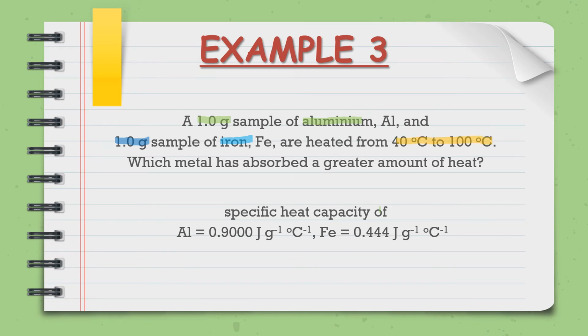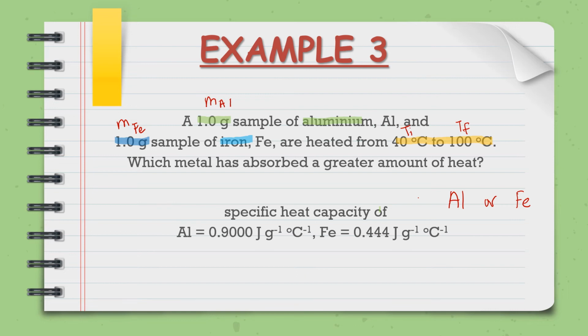So what do we understand over here? This is mass of aluminium, this is mass of iron, and both initial and final temperatures of the two metals are the same. So this is the initial temperature, this is the final temperature. So the question asks, which one, either aluminium or iron, has absorbed a larger amount of heat?